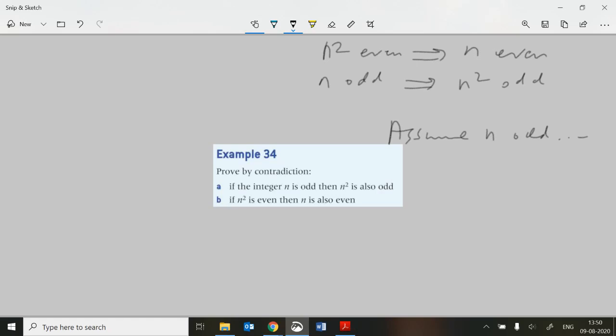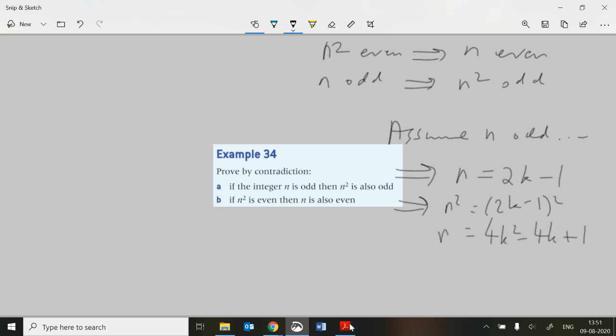Okay, so that implies, and just slowing down a little here, struggling to keep up, that we have n equals 2k minus 1, and then n squared must be this thing squared, and then we've got 4k squared minus 4k plus 1. That's our n squared.